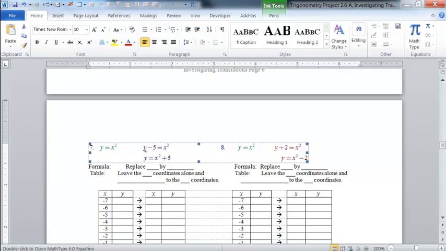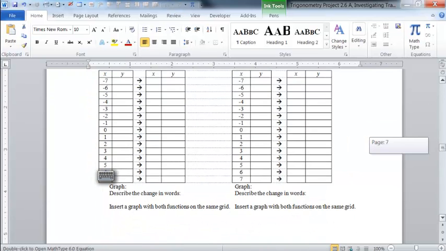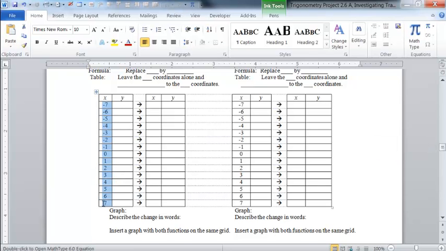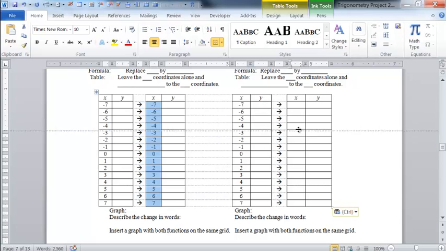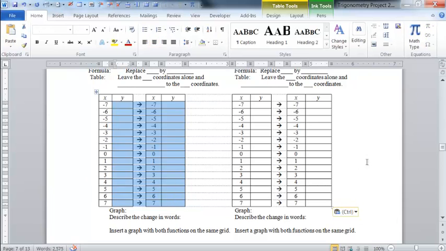We really add 5 to the y values in the table, leaving the x's alone this time. So in both of these, we're leaving the x's alone. So whatever we have here is going to come across here, and whatever we have here is going to come across here. And it's a matter of changing the y values this time.